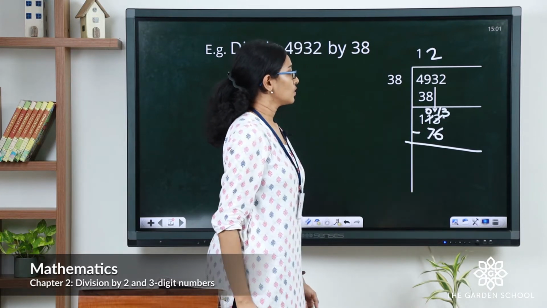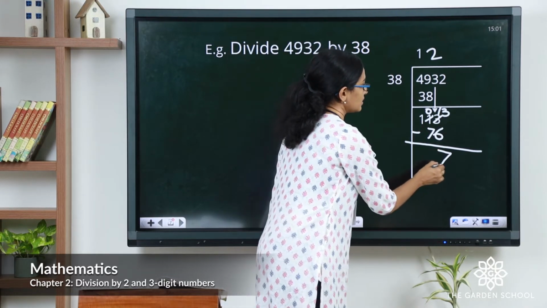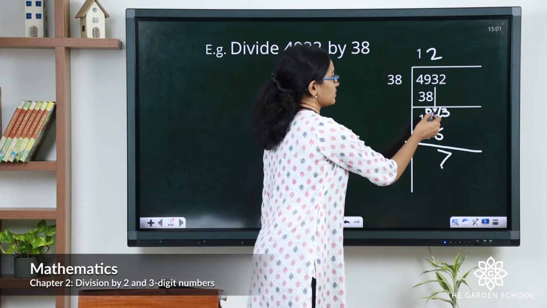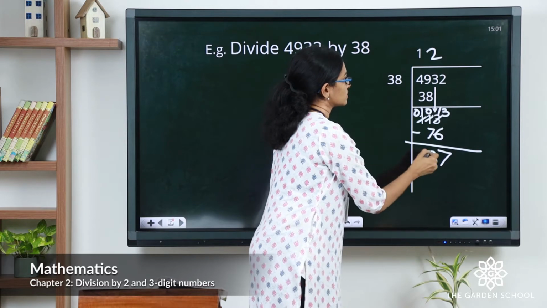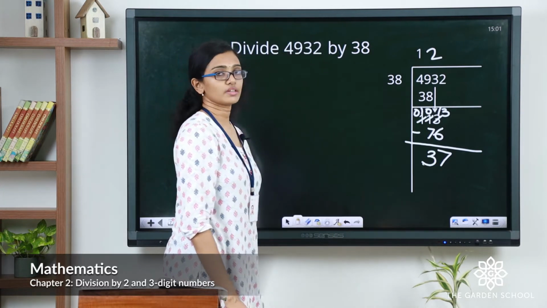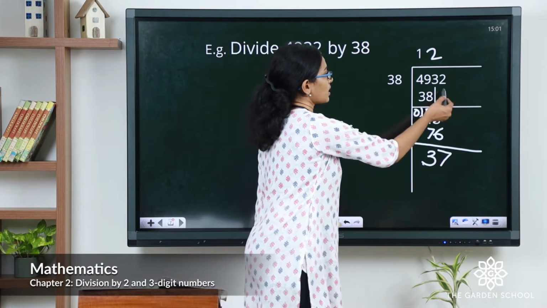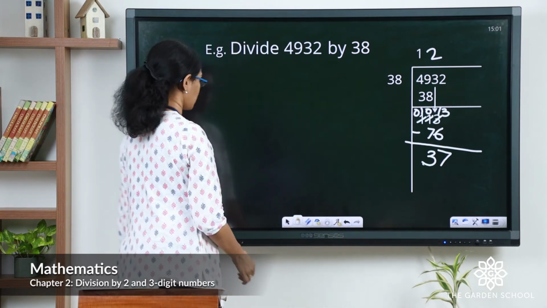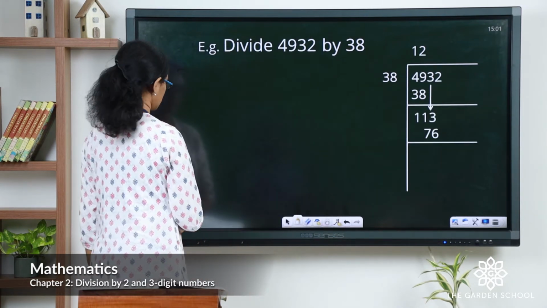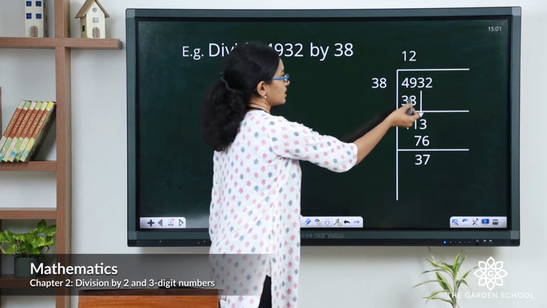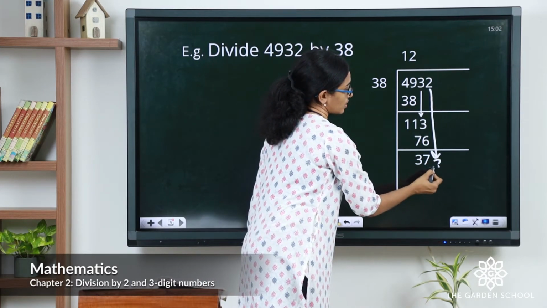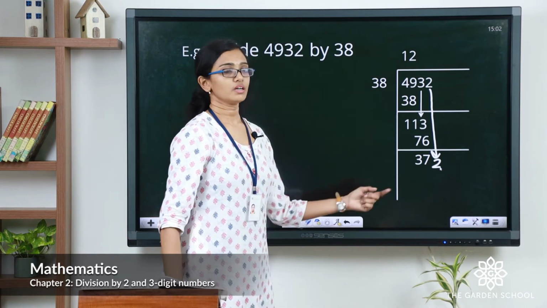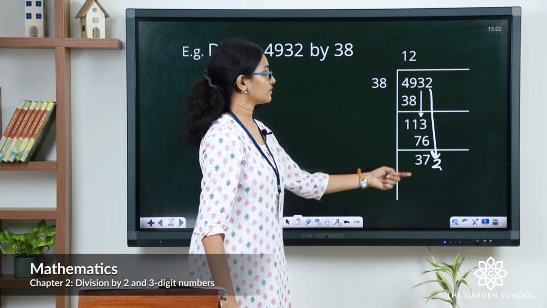Now, 13 minus 6 is 7. Now, we have a 0 here. Again, we borrow. It is 37 here. Now, there is one more digit that has to be brought down. What is it? The digit 2 has to be brought down. So, we are bringing it down. Now, here we have 372.